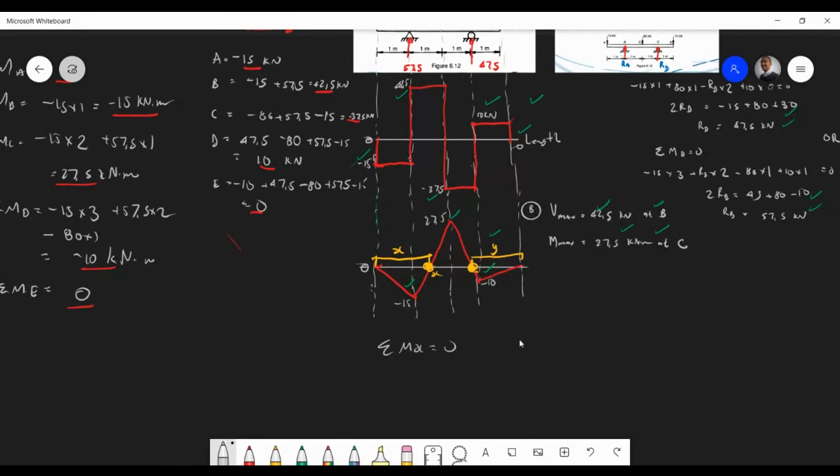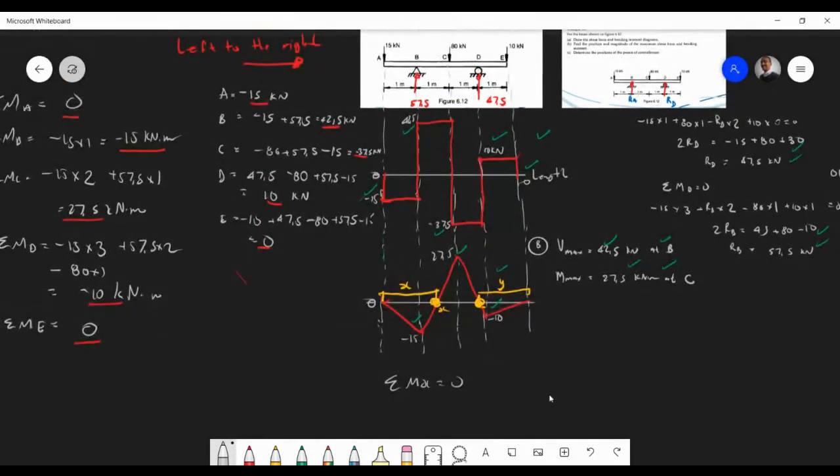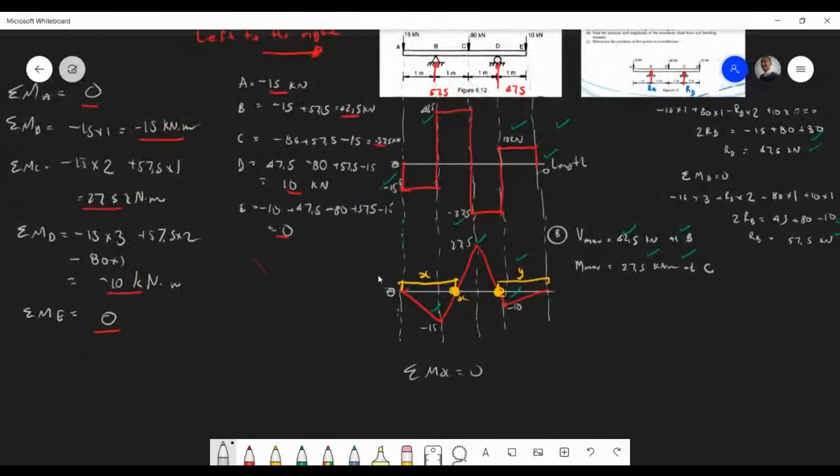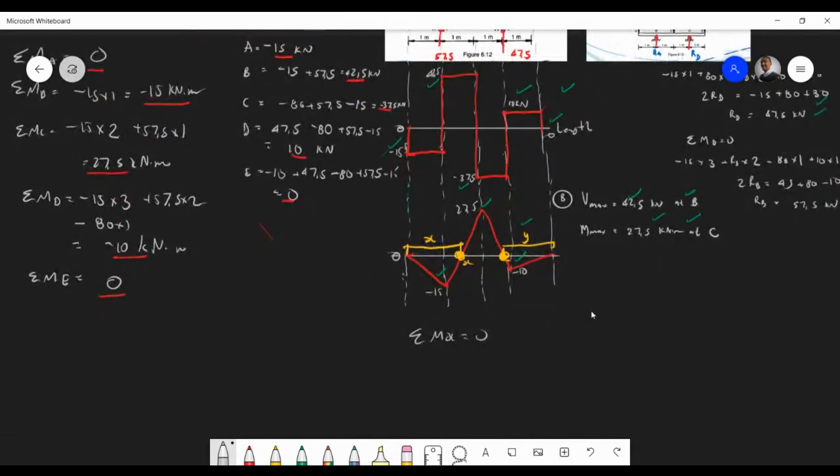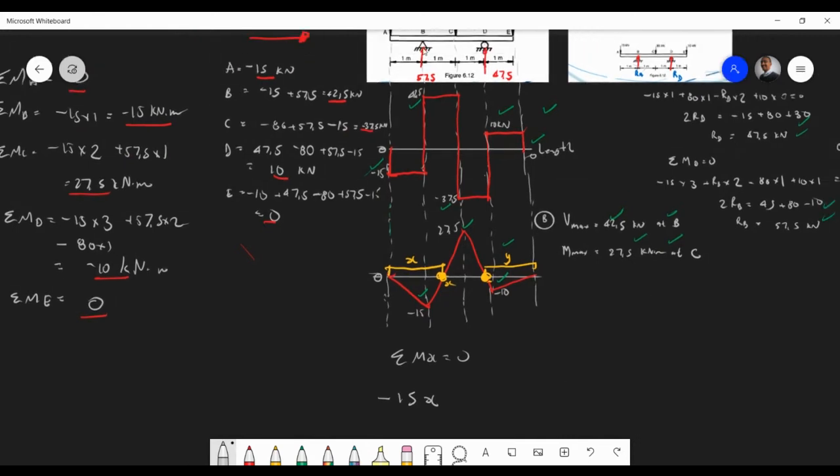If we take moments about that point, we've got to look at our forces over here. So we've got minus 15 times X, which is that whole distance. And then we also have this piece over here, and that is, of course, 1. So what is that distance over here? Is it 1 minus X maybe?